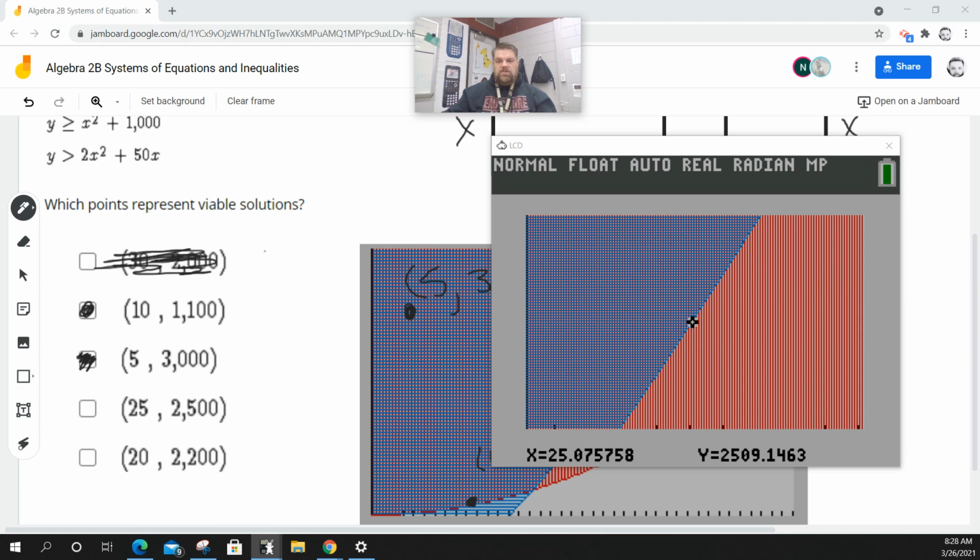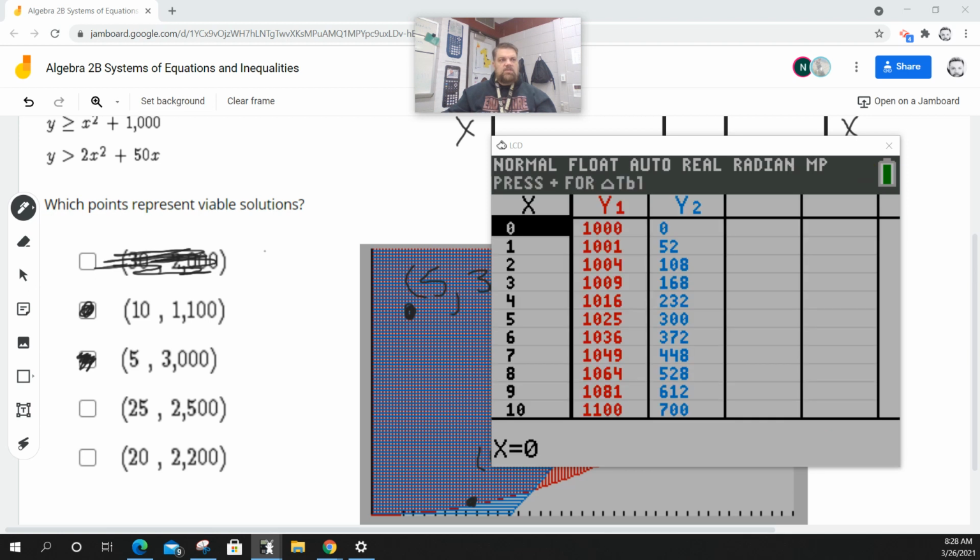If I go over this way and down to 2500, I think that one's right on the border. So if I look at the table of values, when we get to 25, this is going to be a tough one, but I'm glad it's there so that you guys know.